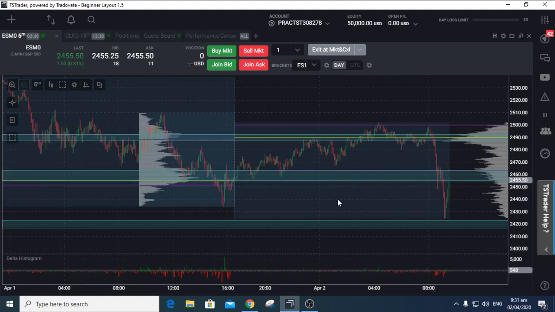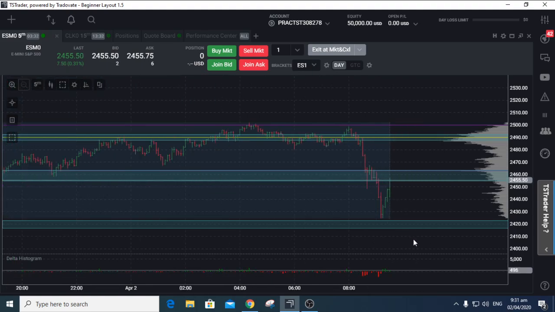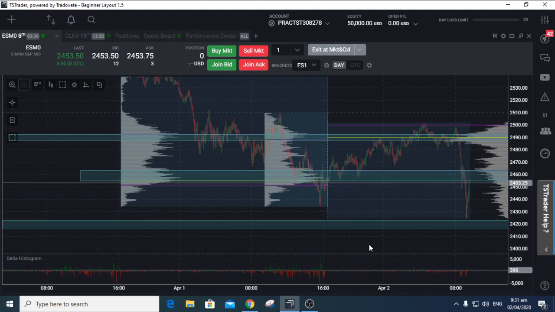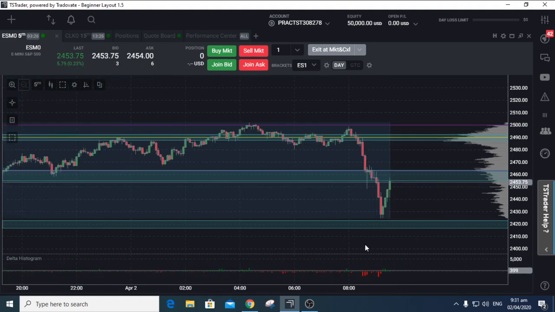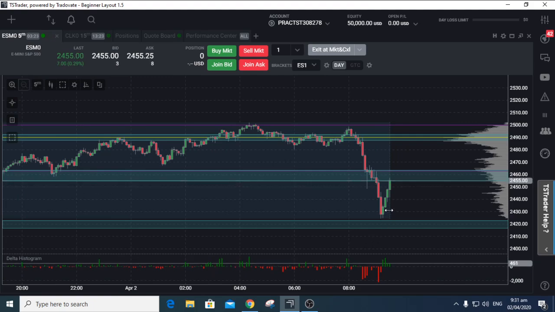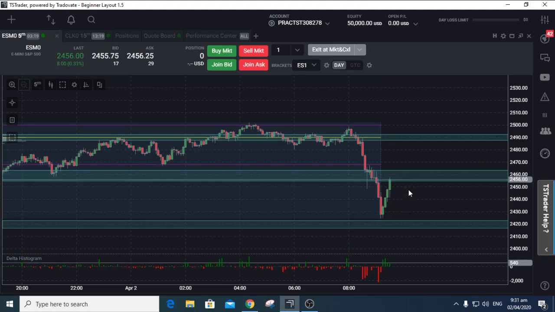That's what I have for looking for, as potentially to get locked into the market. I do have a booking order sitting right out there.